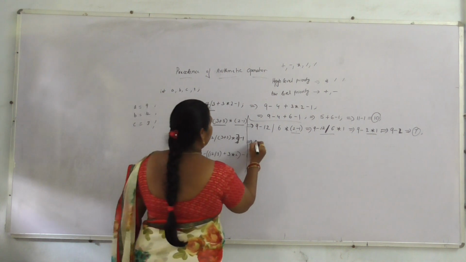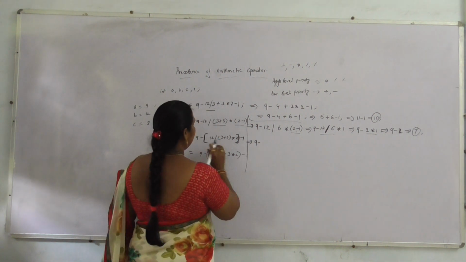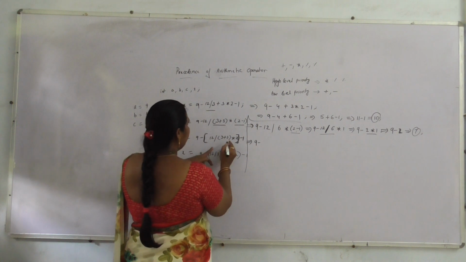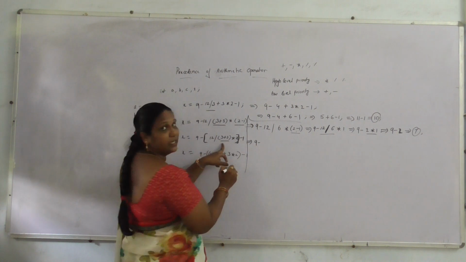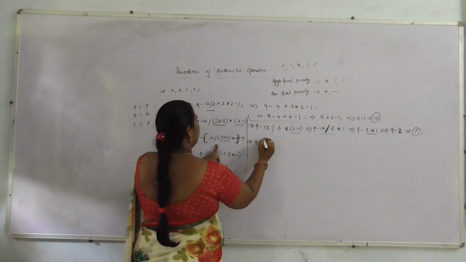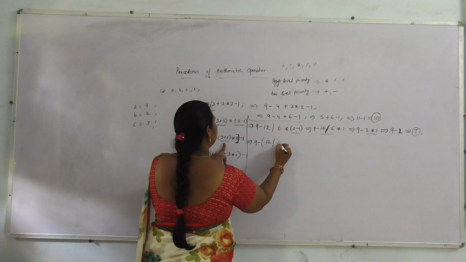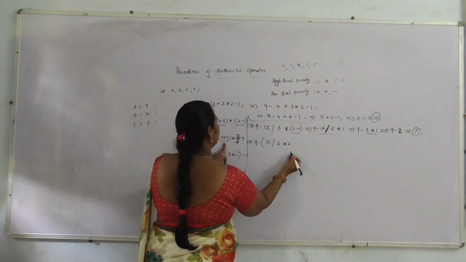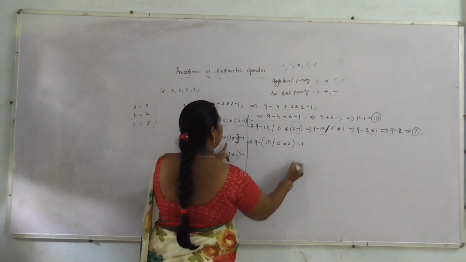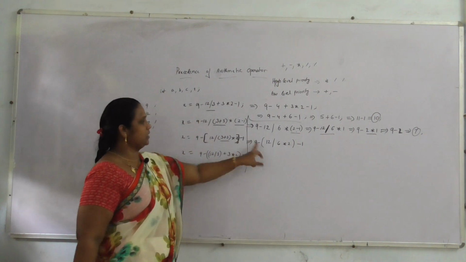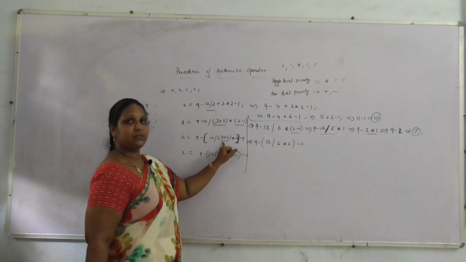In this, 9 minus, first the bracket, and come to the inner bracket. 12 divided by 3 plus 3 is 6, asterisk 2 minus 1. Here 6 is 3 plus 3.